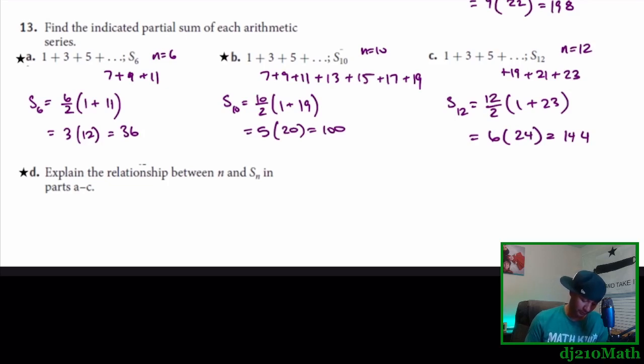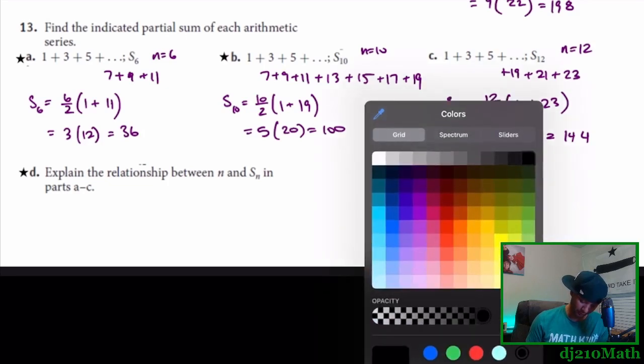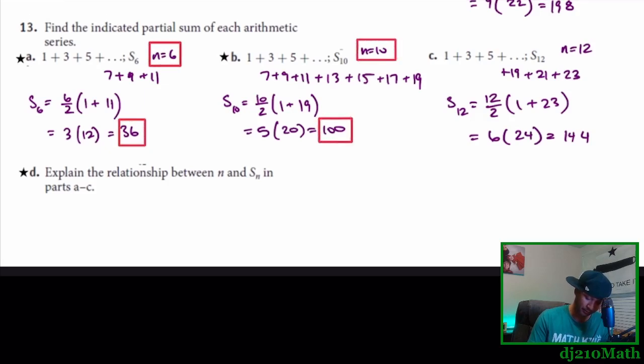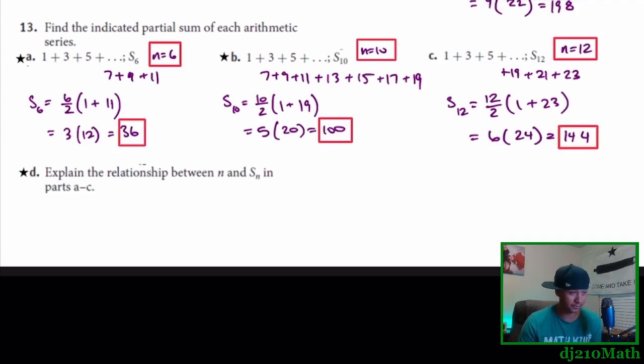Okay, so part D is saying to compare the relationship between N and the sum of that place. So the relationship or the pattern, hopefully it's kind of obvious, right?